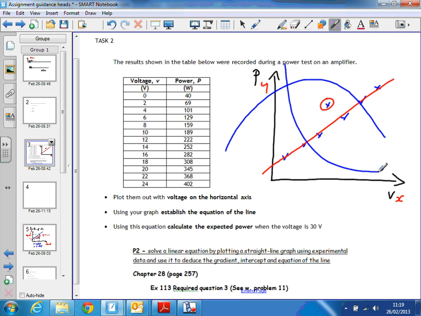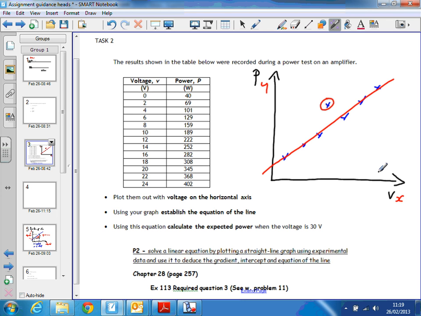Next year, we'll be looking at, maybe a bit this year as well, other shapes of curves, but whatever shape you get, you then try and manipulate the results to get a straight line. You play around with what you plot to get a straight line. So the bottom line is we want a linear relationship like this.